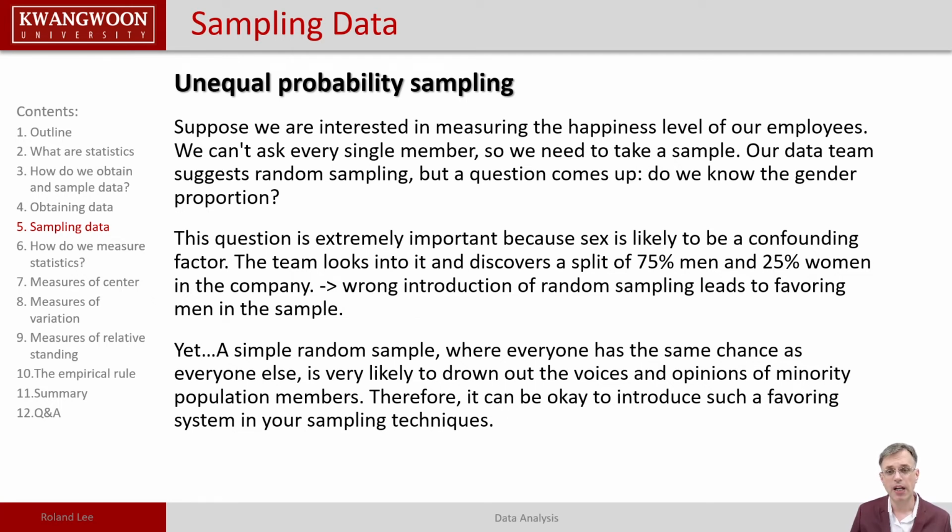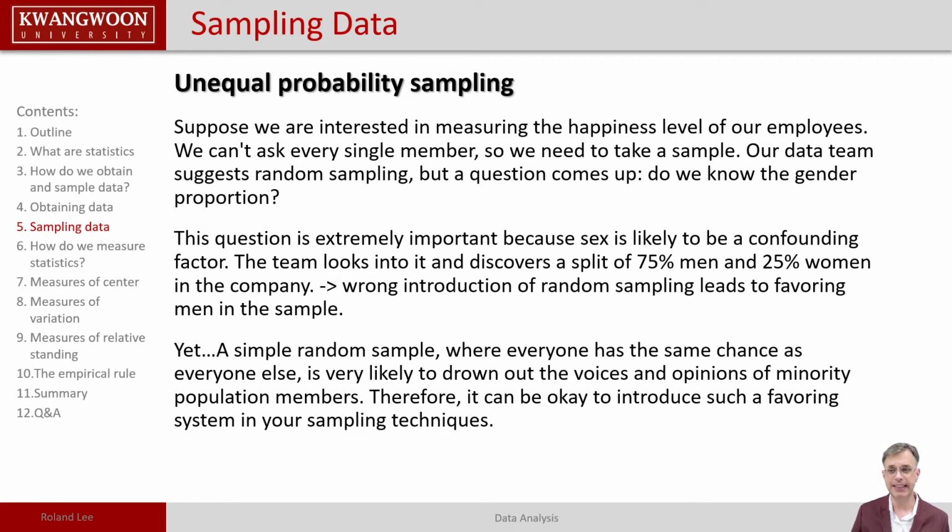Suppose we are interested in measuring the happiness level of our employees. We already know that we can't ask every single member of the staff, because that would be very exhausting and costly, so expensive. So we need to take a sample.